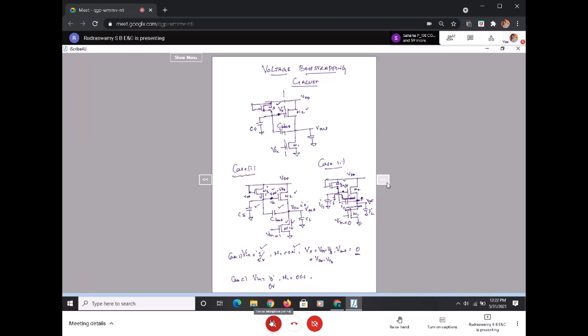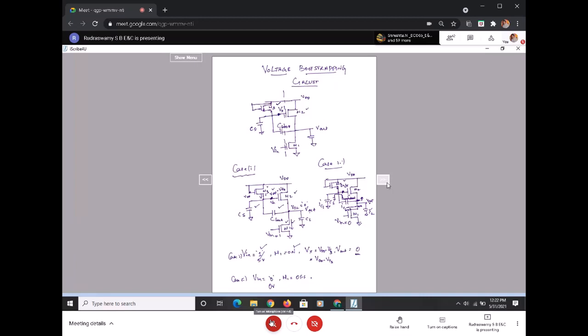There is no path from M1 for the current that is flowing to go. The only path is through C boot and through CS, because V out has started increasing now. Because VS is fixed to VDD minus VT3 kind of thing. So VS is fixed, and now the current is in the reverse direction.